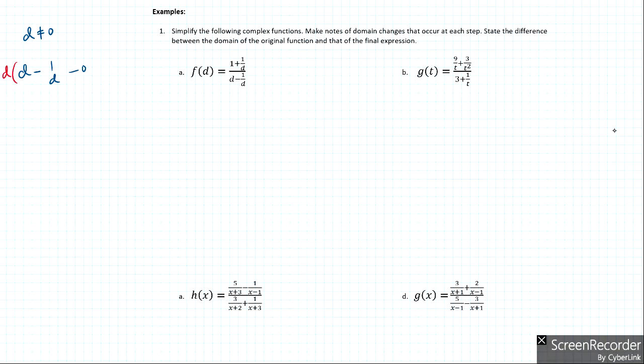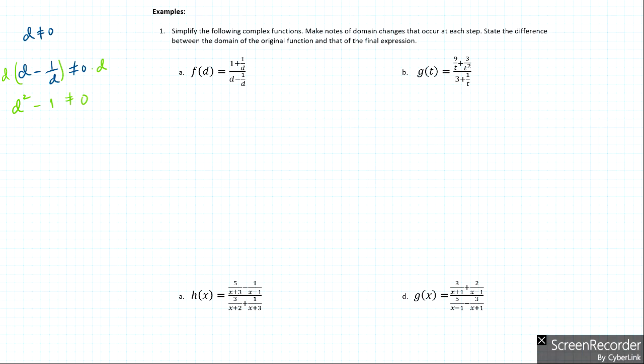Let me change to a different color so our color coding is a little easier. I don't want this to be equal to 0, and I can multiply everything by d. Once I do this, I will have d squared minus 1, because I need to distribute the d, and that's not equal to 0, because 0 times d is equal to 0.